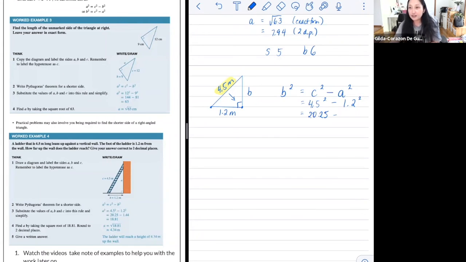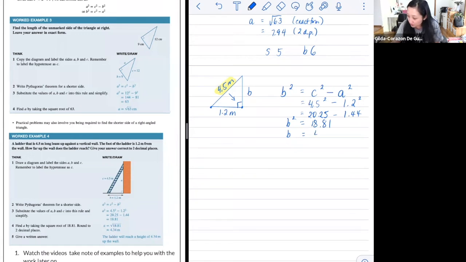What do I get? 1.44. Thank you. And what do I get when I minus them? We minus them. What do we get? 18.81, but that's B squared. I'm not done yet because I want the square root of that.